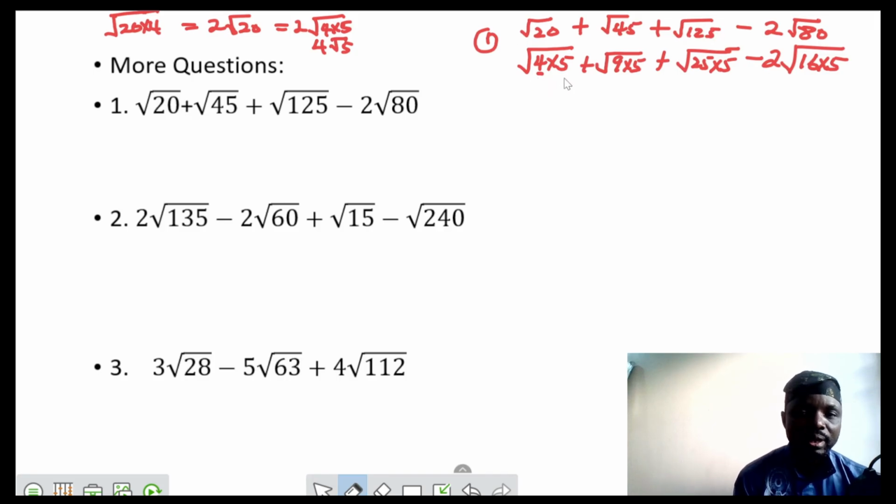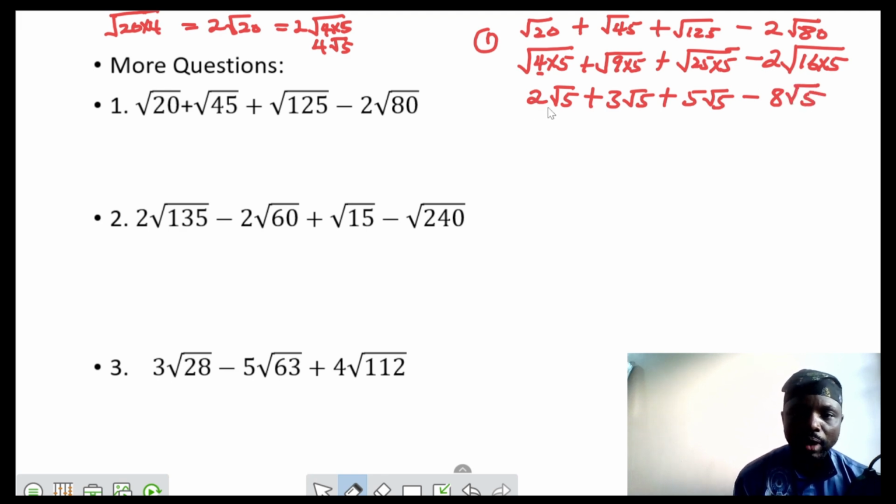So in this, look at it, the perfect square here is 4 squared. The square root of 4 gives me 2 root 5. Then plus, this one gives me 3 root 5. Plus, this one gives me 5 root 5. Then minus, this one gives 4 times 2, which is 8 root 5.